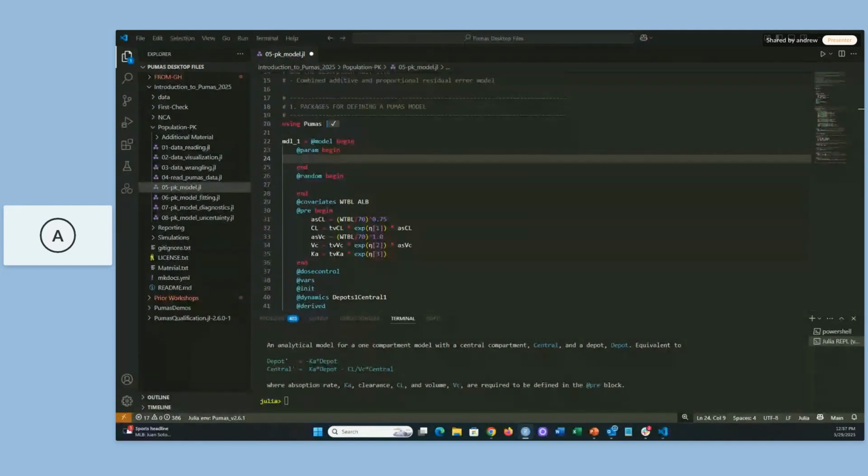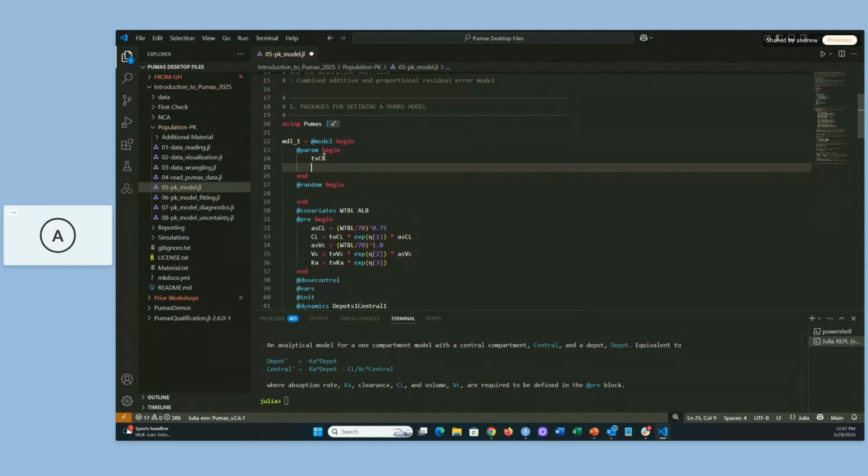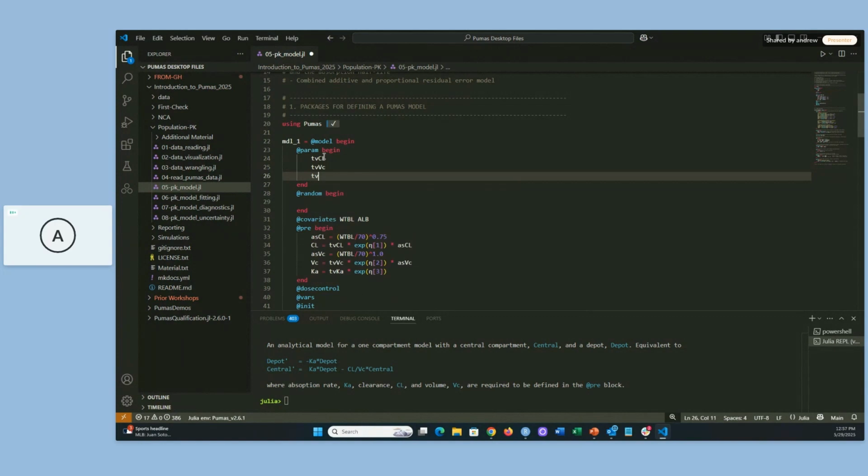Well, that's going to be our TVCL, our TVVC, and TVKA. We'll need to define what each of these things is.